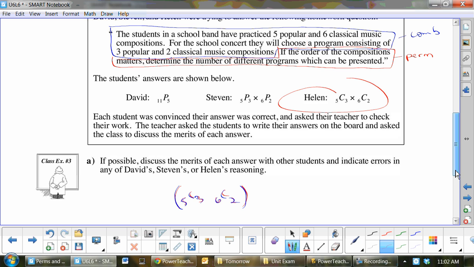How many ways can I arrange them? 5 factorial. So you'll get 18,000. So that means all the chances that you have of picking them are 5C3 times 6C2.